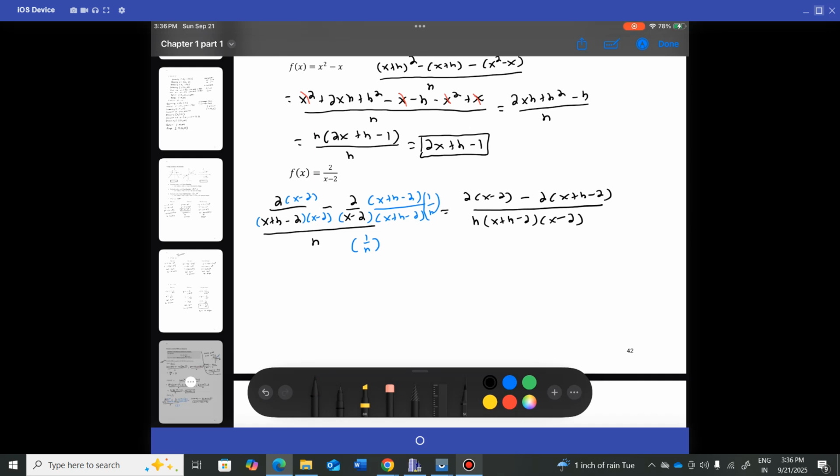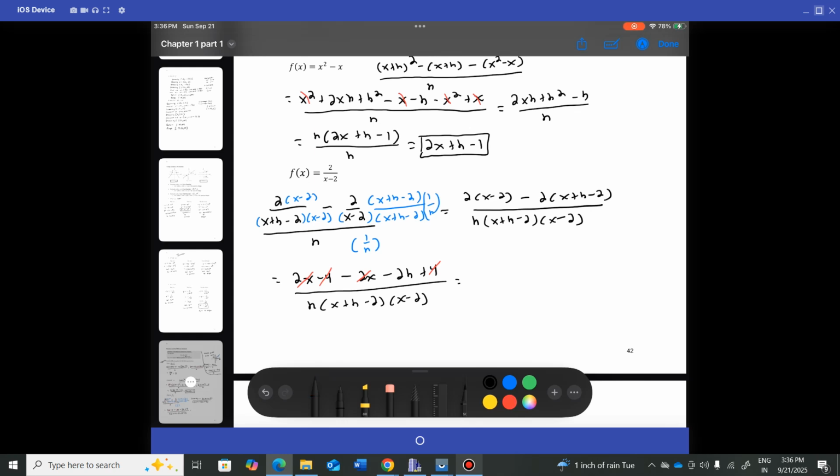Alright, so distribute the top, 2x minus 4 minus 2x minus 2h plus 4. Okay, now what cancels? 2x cancels that 2x, 4 cancels the 4.